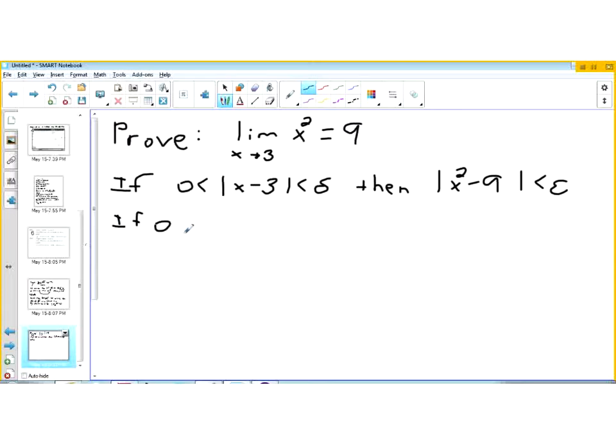All right, so in doing so, we have this result. What I'm going to do is factor this difference of squares, and I'll have this.